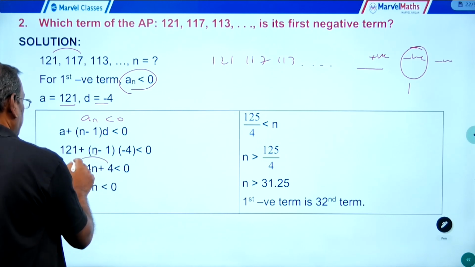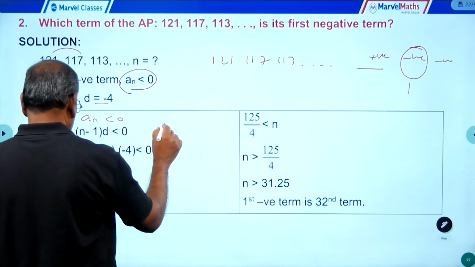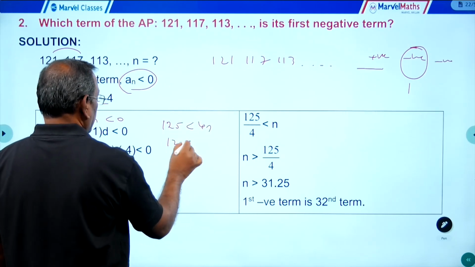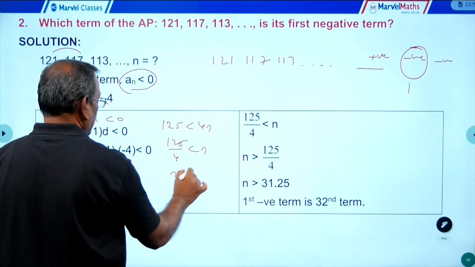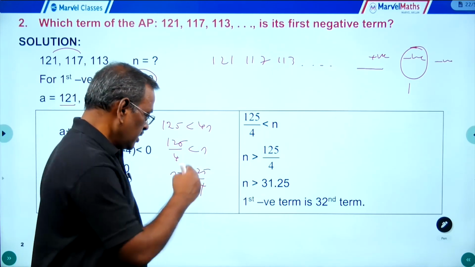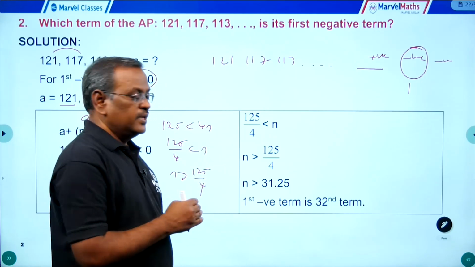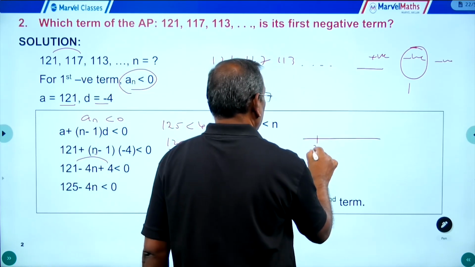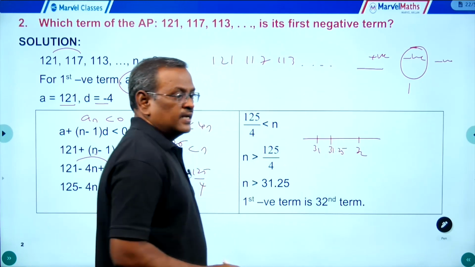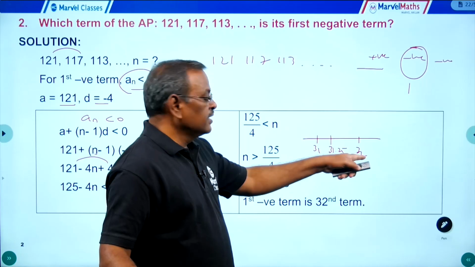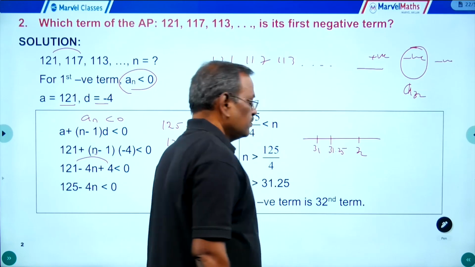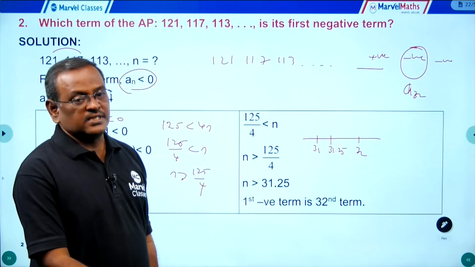So 121 plus 4 is 125, 125 less than 4n, so n greater than 125 by 4, which is equal to 31.25. n greater than 31.25 means, so this is 31 and this is 32 and this is 31.25. What is the next natural number after 31.25? 32. So the 32nd term is the first negative term.